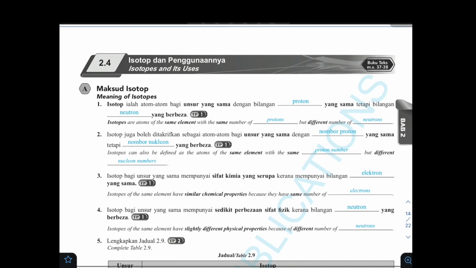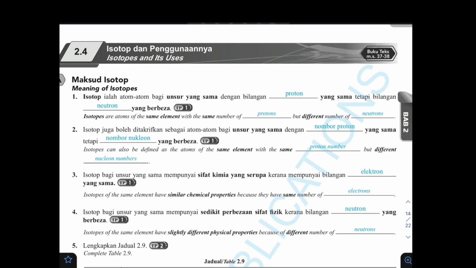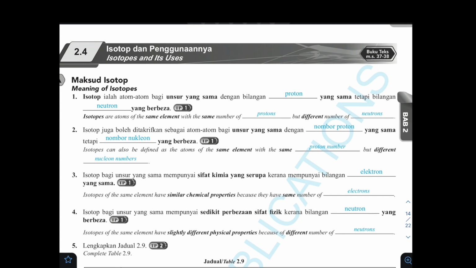Dia adalah atom bagi unsur yang sama dengan bilangan proton yang sama tetapi bilangan neutron berbeza. Atoms of the same element with the same number of protons but different number of neutrons. Isotopes can also be defined as the atom of the same element with the same proton number but different nucleon number.